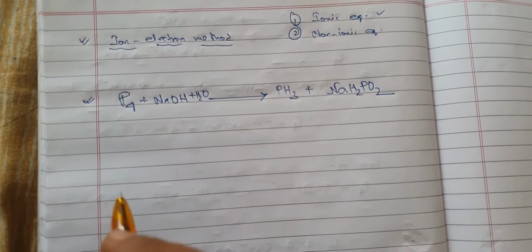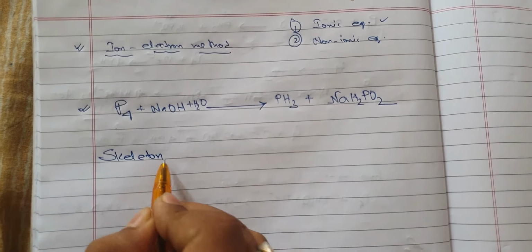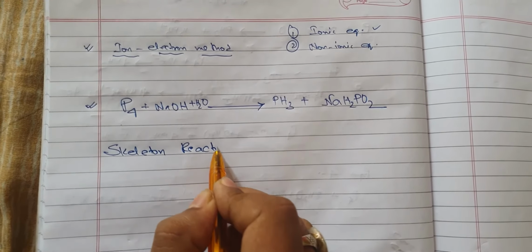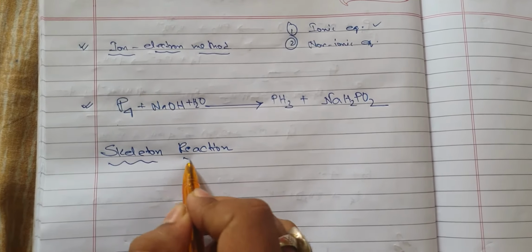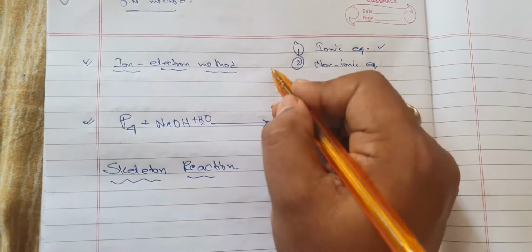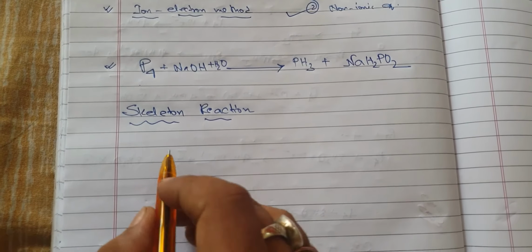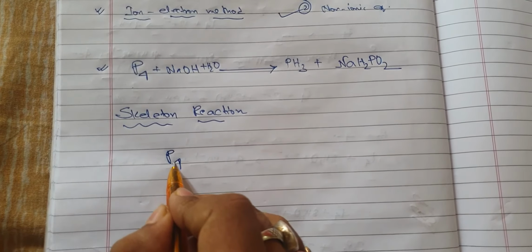This reaction, first let us write the skeleton reaction. Please notice this reaction, this is very important. Now you are seeing it is not in ionic form, so you must be thinking that it is in non-ionic form, so balancing of hydrogen will not be required. So here I will write the skeleton equation.